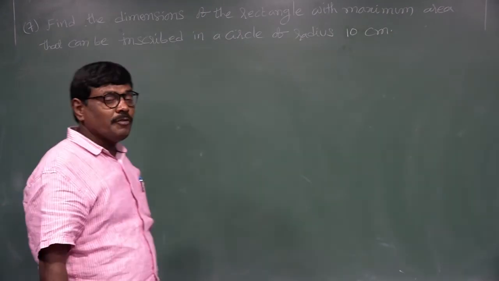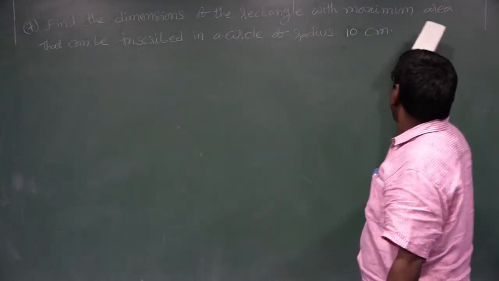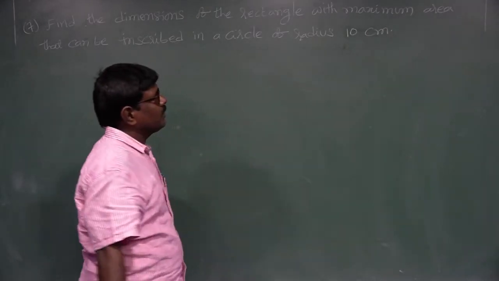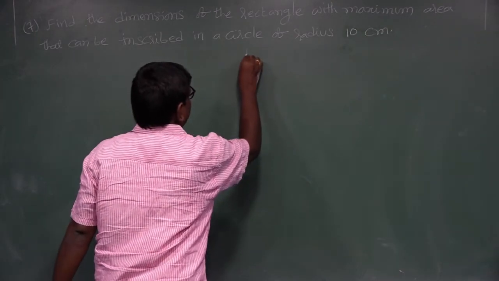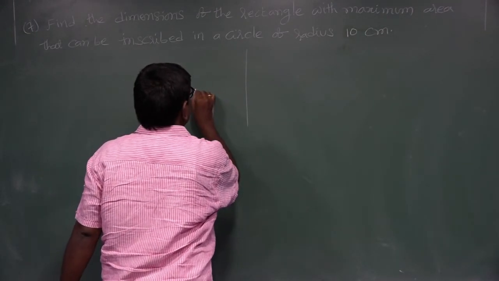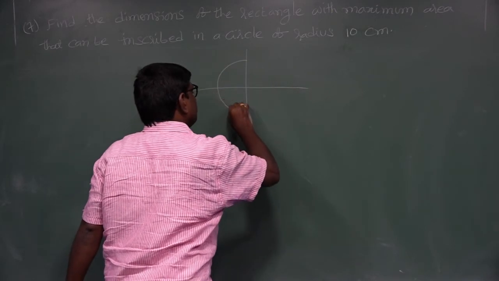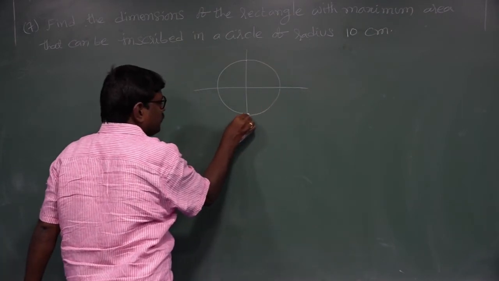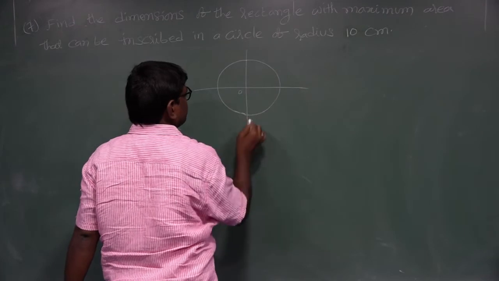Find the dimension of the rectangle with the maximum area that can be inscribed in the circle of radius 10 centimeters. This circle. This is the origin.